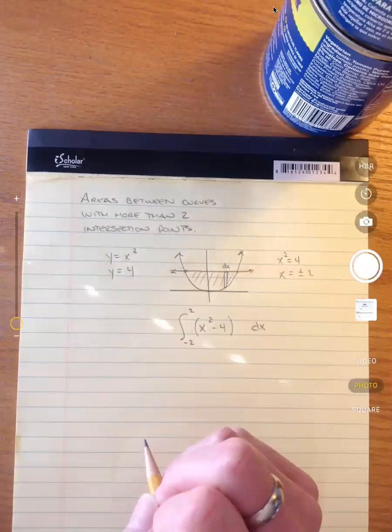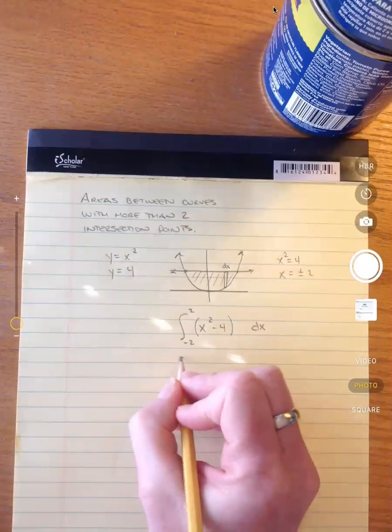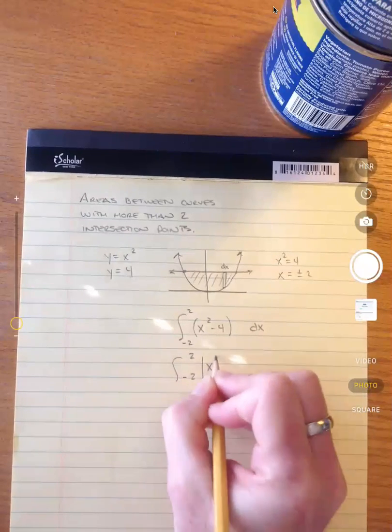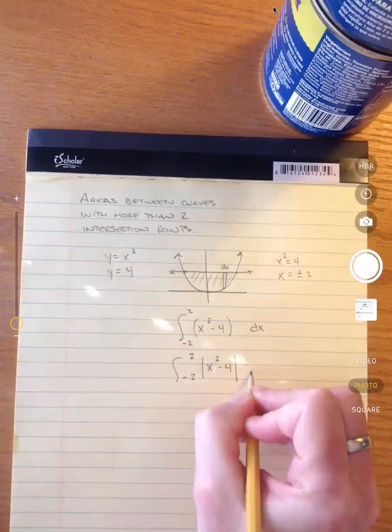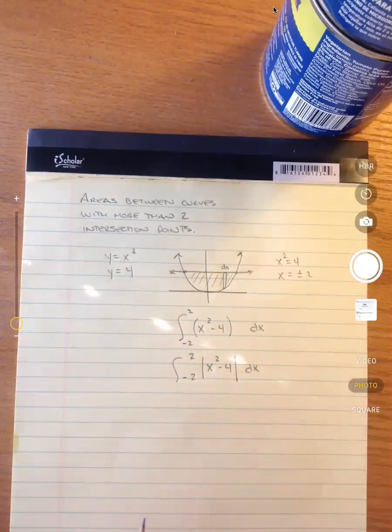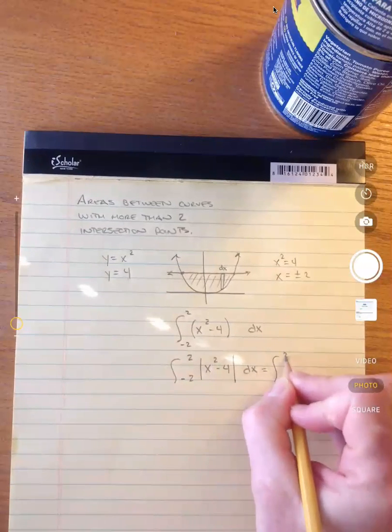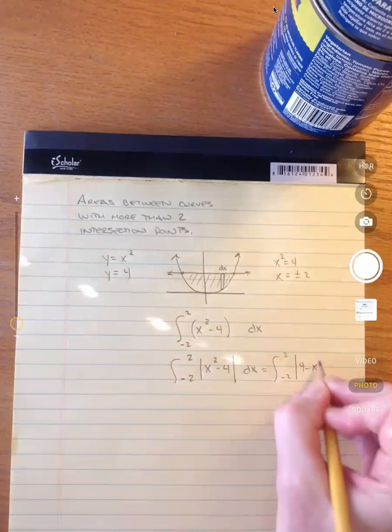But we can always take the absolute value, because then it won't matter which one's on the top and on the bottom. This will always give you the positive area between the two, so this will give you the exact same solution as this.